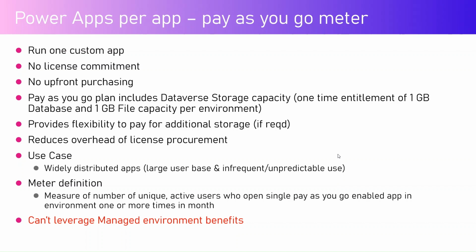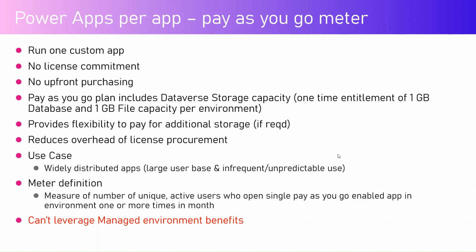For such an app, which is globally distributed across your organization, and you don't know how many users are going to use it, it all depends on whether the user clicks on the link and accesses the app. Then Power Apps per app pay as you go meter licensing is the best option for you. It is mainly for a large user base, and for infrequent and unpredictable use. We don't know when the user is going to use it, how they are going to use it, and how frequent it will be.